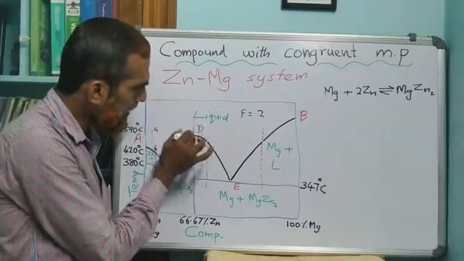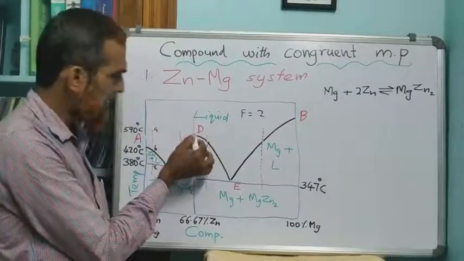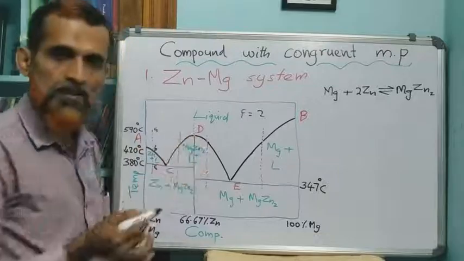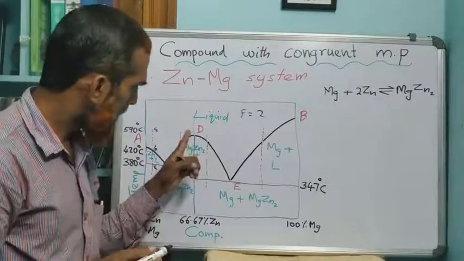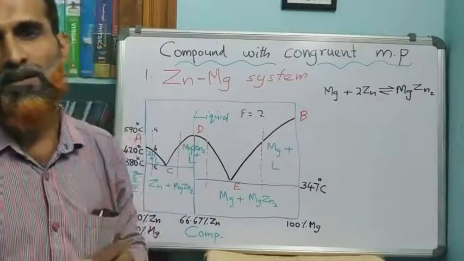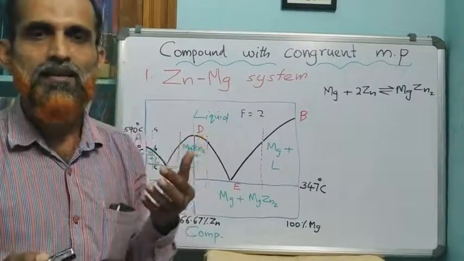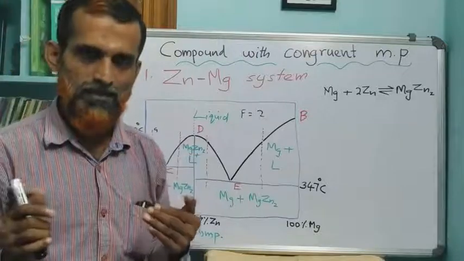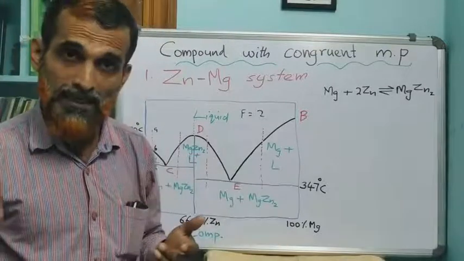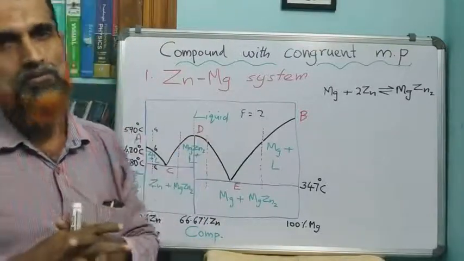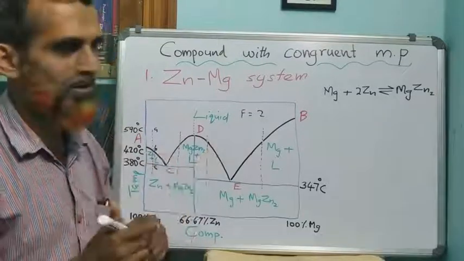When you cool it, when temperature touches this, what is this? This is the congruent melting point of this compound. At this temperature, a liquid and the complete compound. Neither zinc nor magnesium alone comes out. Only the compound comes out.